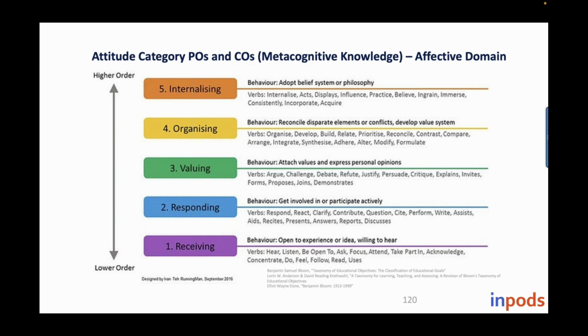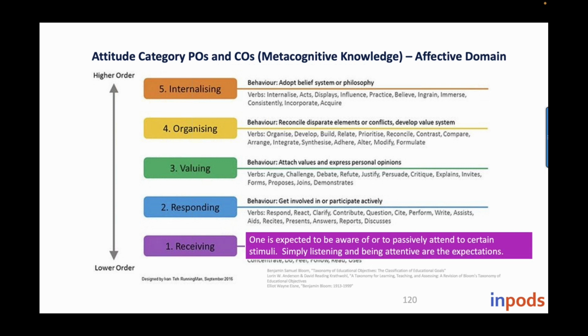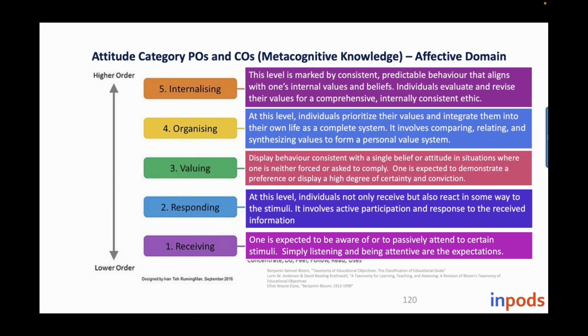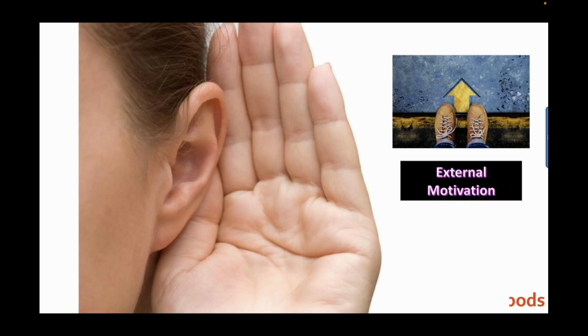Now attitude is about learning attitude, right? It starts as receiving, responding, valuing, organizing, and internalizing. These are the levels here. Right now, because of the way we are communicating with each other, you are in receiving mode.